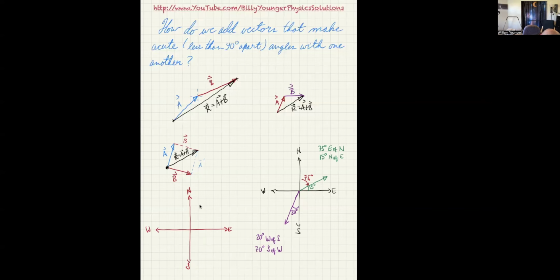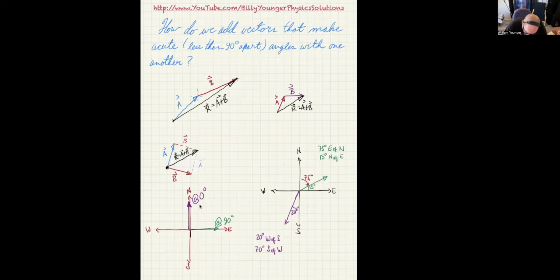Then this vector would be at compass heading, and I actually meant to draw that in a different color, so let me see if I can draw it now. This vector would be at 0 degrees because we consider 0 degrees due north. This vector would be at 90 degrees because we consider 90 degrees due east.